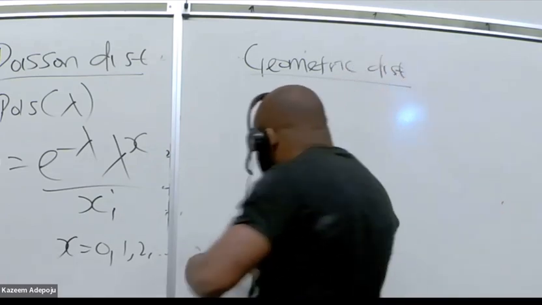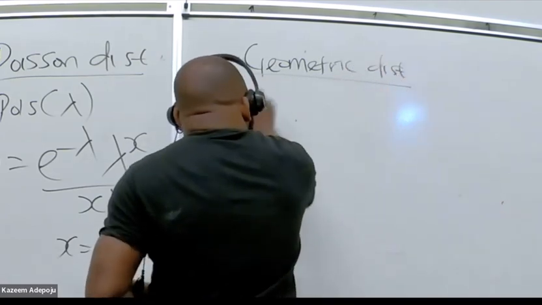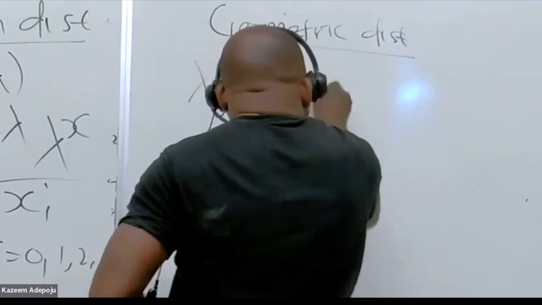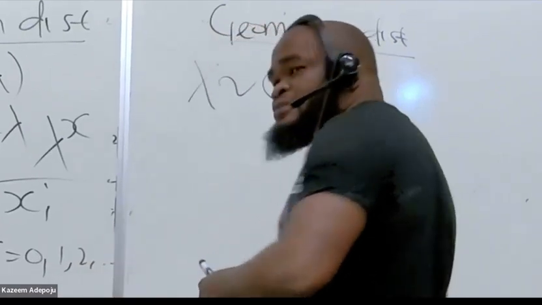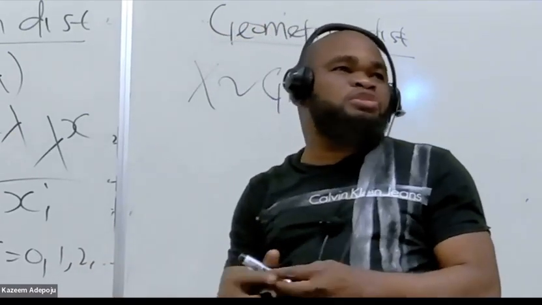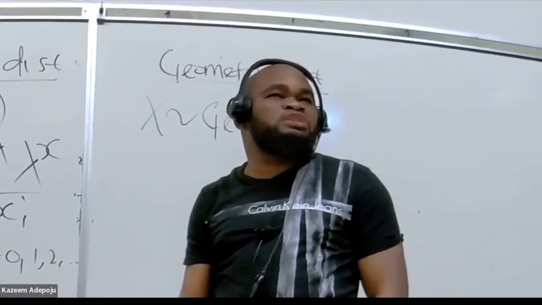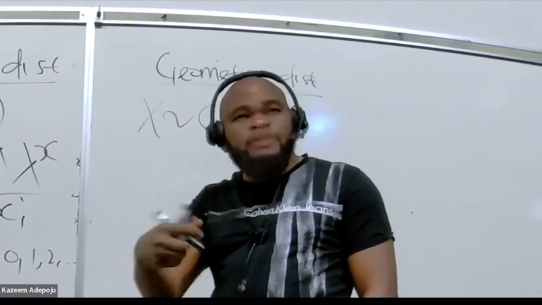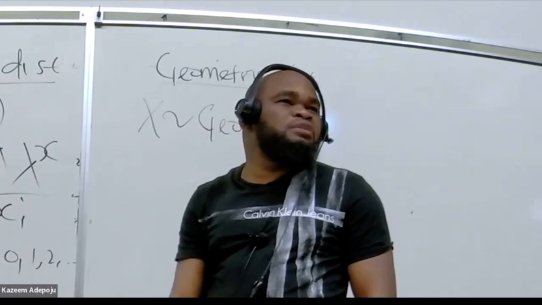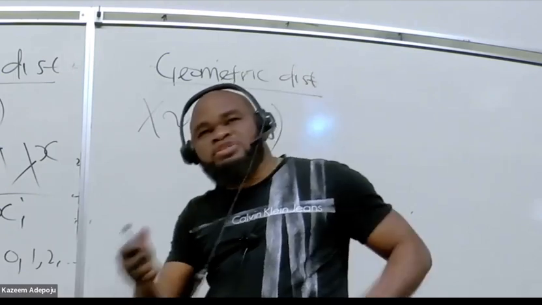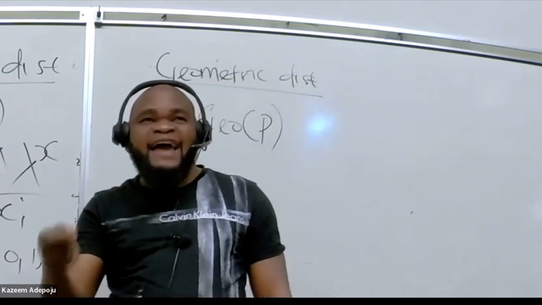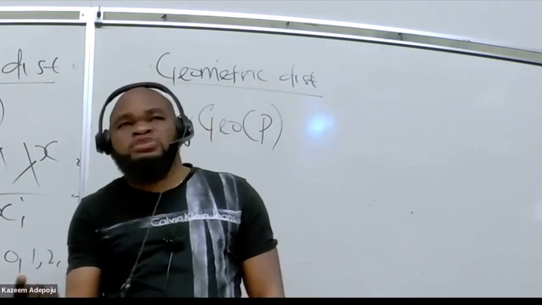So that's going to be the geometric distribution. So X follows geo with parameter p, because in a geometric distribution, we still have a Bernoulli process. Because when you make the first call, either it connects or not. That's Bernoulli.